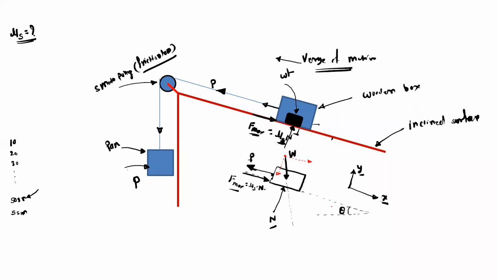As this angle is theta, the angle with respect to the y-axis will be theta. We have already seen this when we solved problems in friction. So this component is W sine theta, and this component is W cos theta. Now next we have to write the summation Fx and summation Fy.